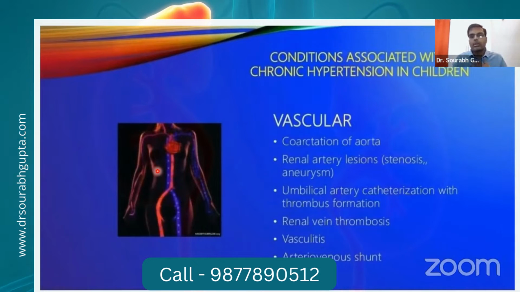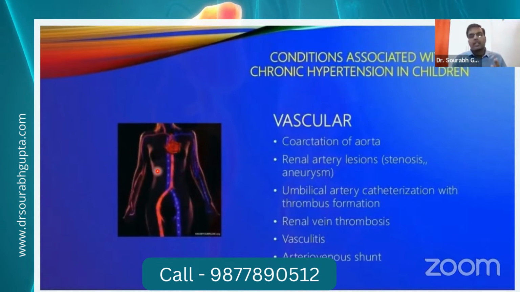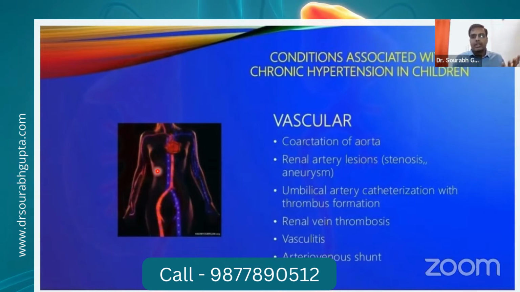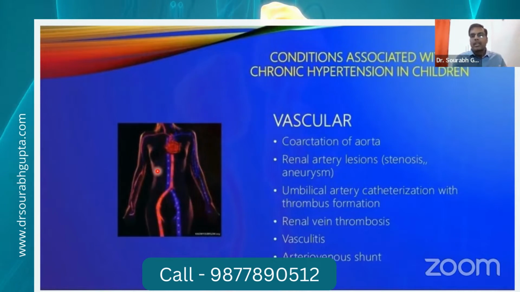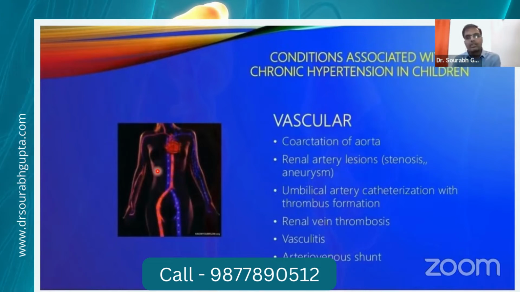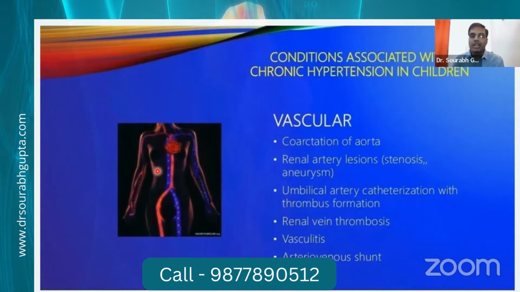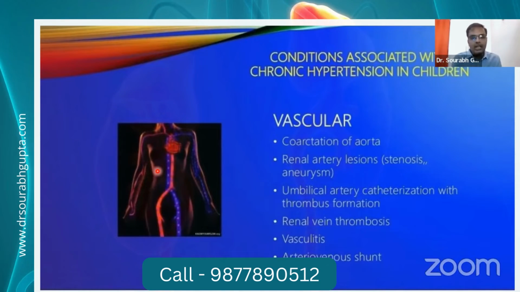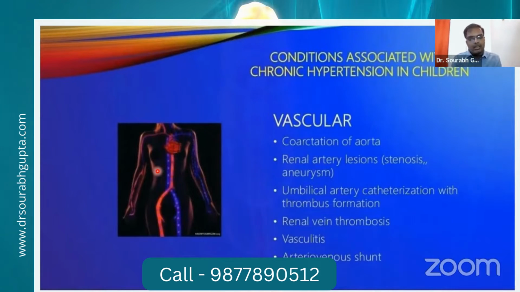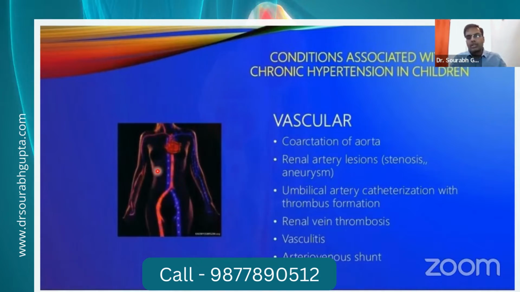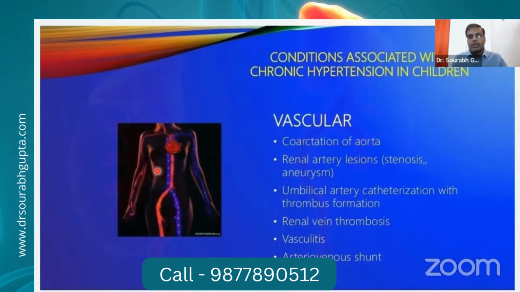In renovascular, it could be renal artery stenosis or renal vein thrombosis, and a past history of umbilical catheter in the neonate can cause thrombus formation and again vascular hypertension. Then vasculitis, especially large vessel vasculitis like Takayasu arteritis, and medium vessel vasculitis like polyarteritis nodosa and Kawasaki disease, mainly polyarteritis nodosa. They lead to vascular hypertension in children.